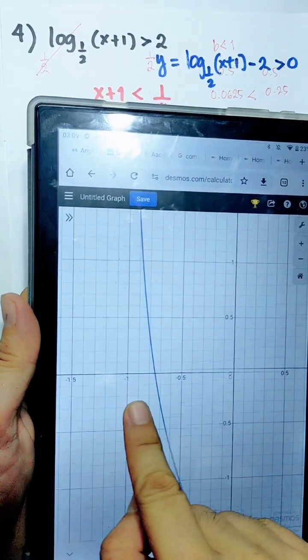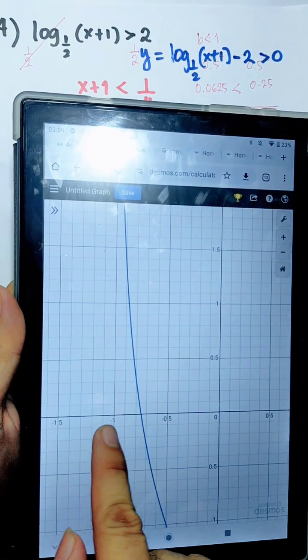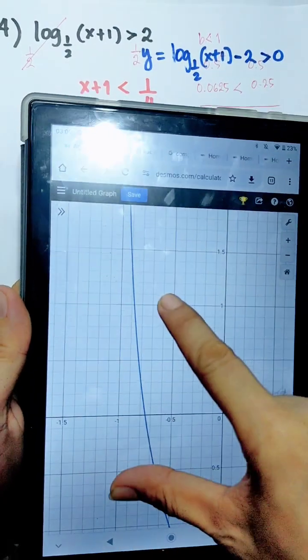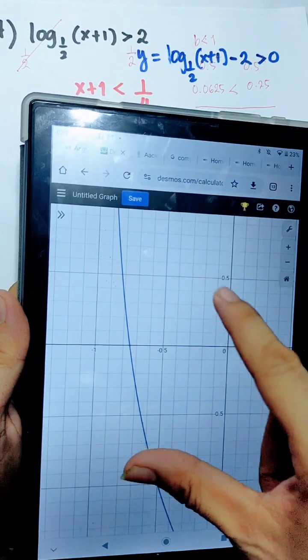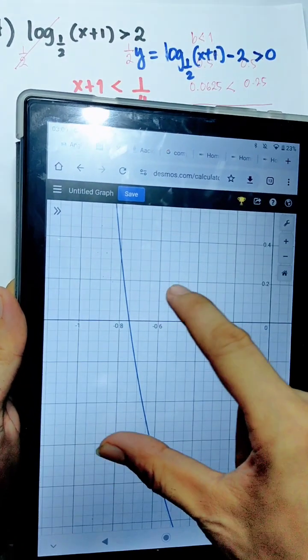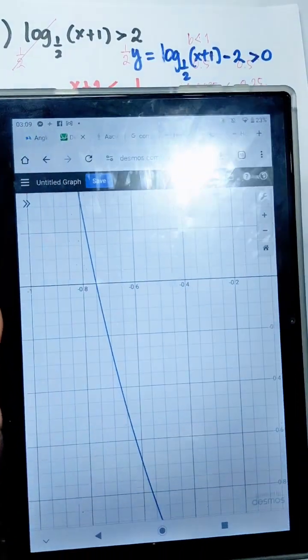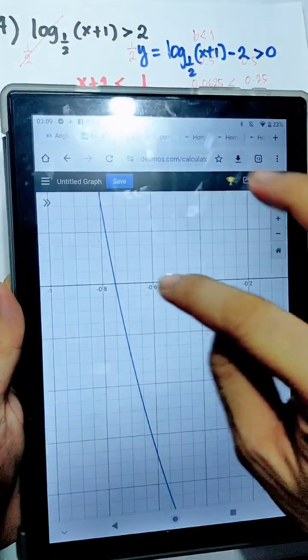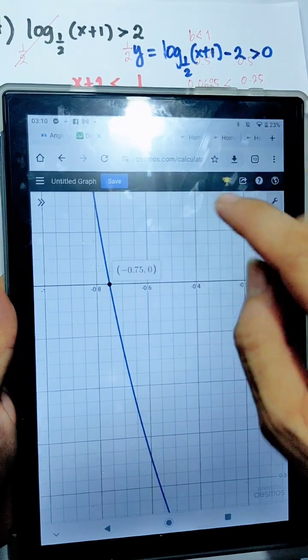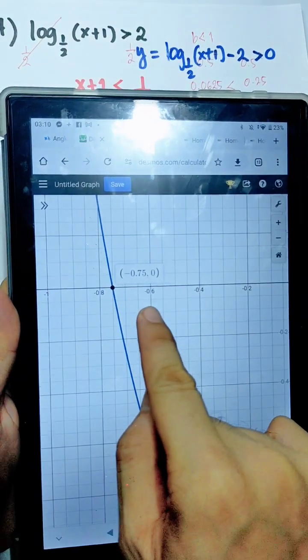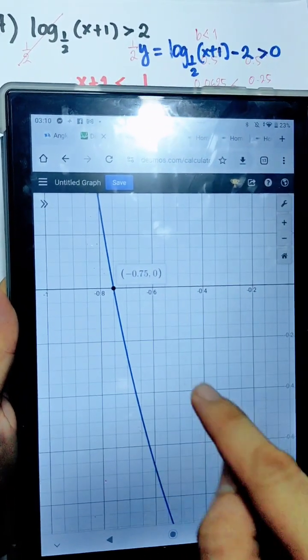The positive starts from its asymptote -1, and then it goes down to, okay, this is approximately -0.75. Let's check it out. Okay, that's -0.75. That's the x and the y is 0.